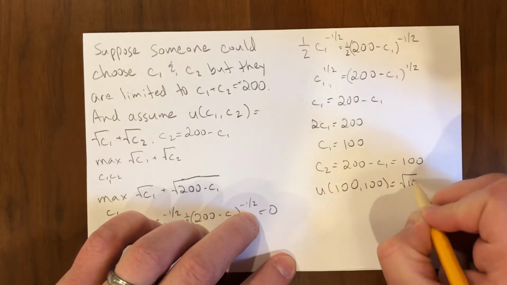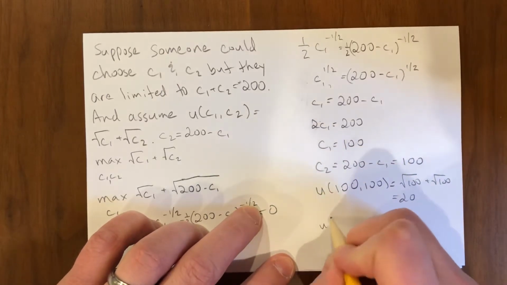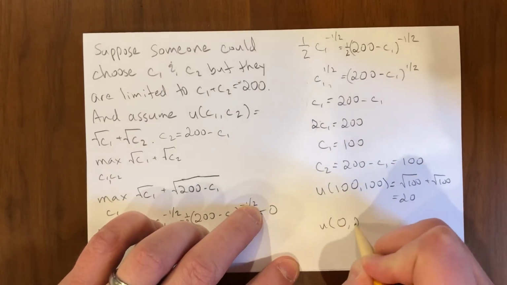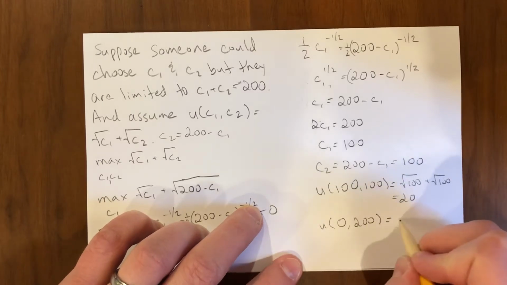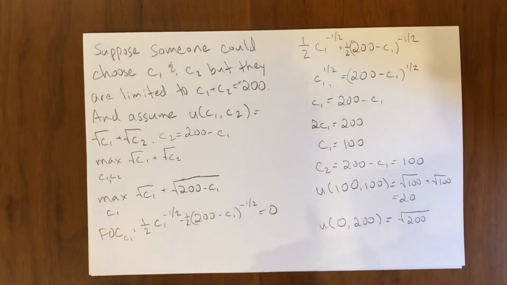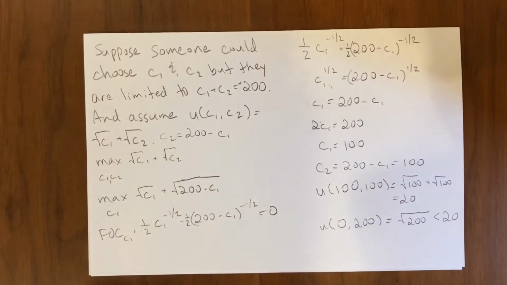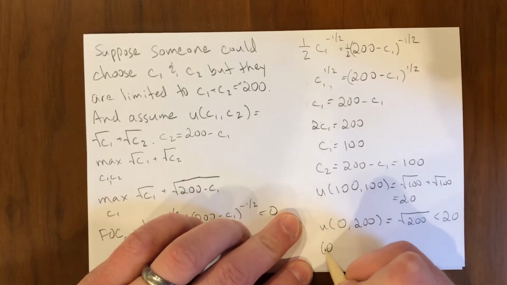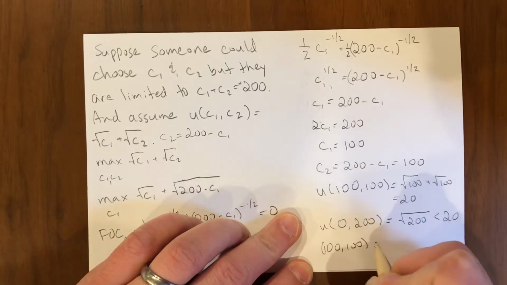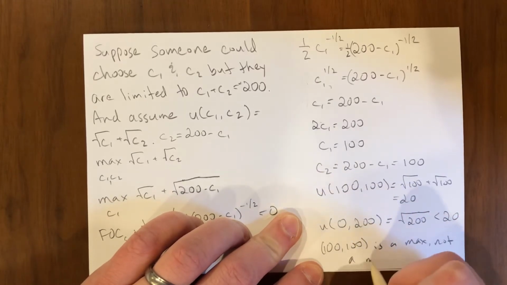We know that's equal to root 100 plus root 100, which is 20. The utility of 0, 200 is equal to the square root of 200. And that's not something I know off the top of my head, but that is much less than 20. And so we can be sure that 100 is a max, not a min.